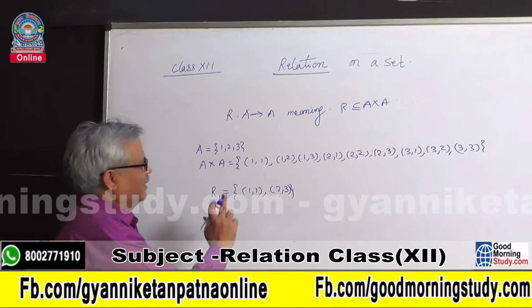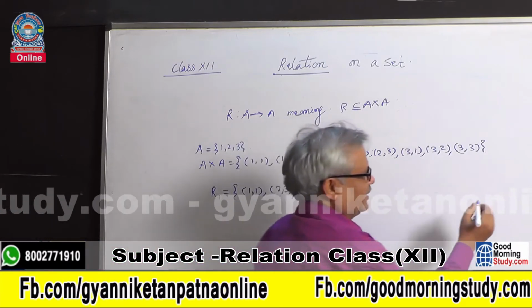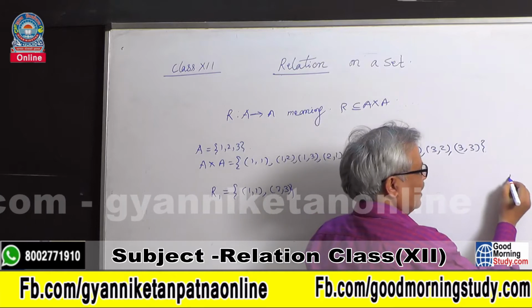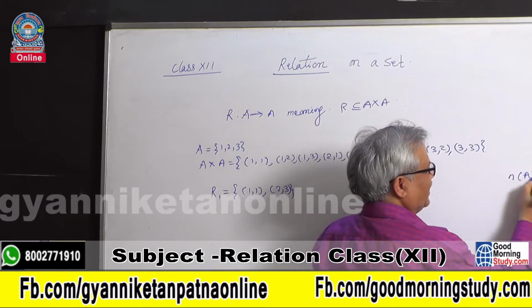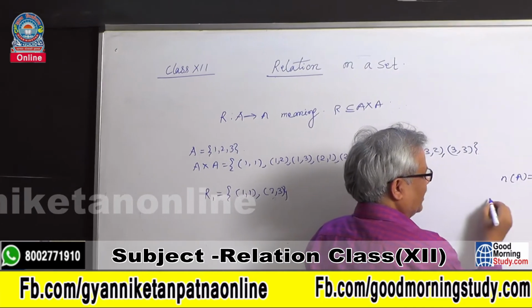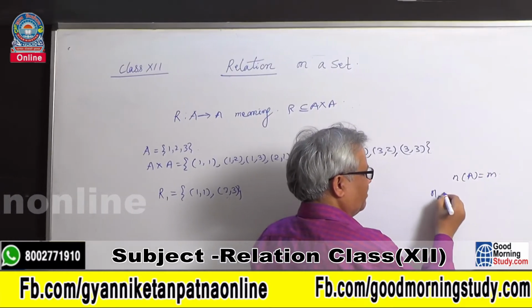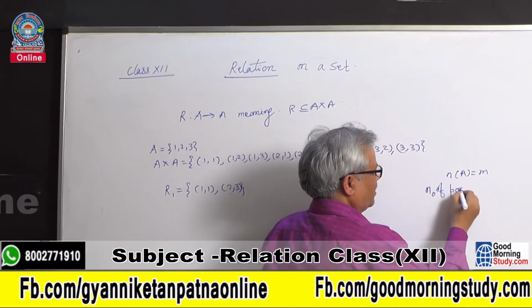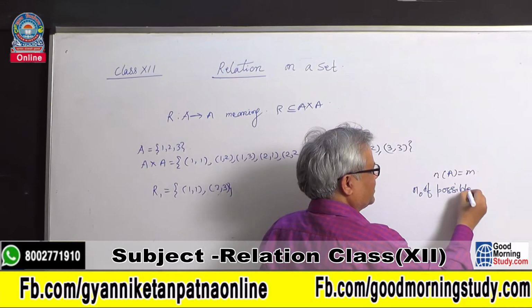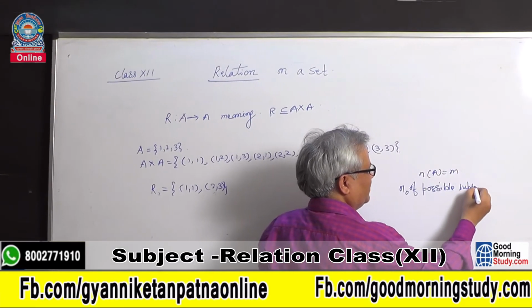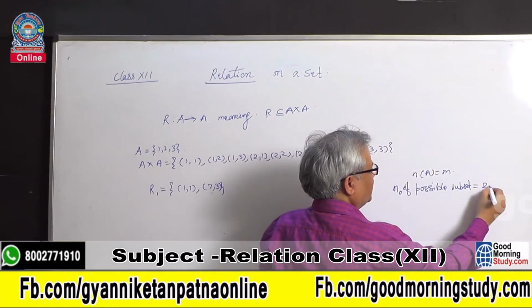We know that if a set contains n elements, suppose the number of elements in a set A is equal to n, then the number of possible subsets is 2 to the power n.